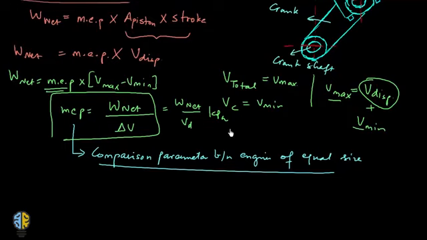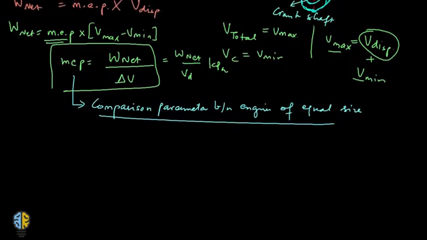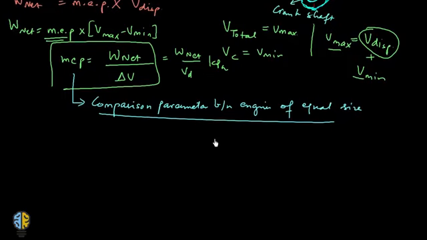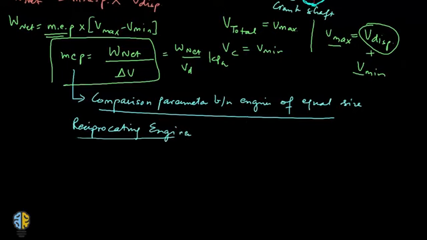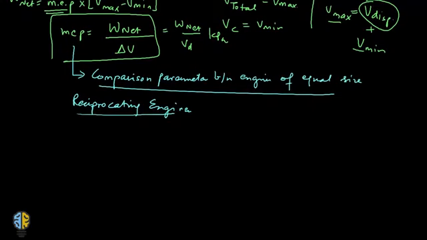Now, the reciprocating engines are classified as spark ignition engines. So if I write down the reciprocating engines over here, why am I specifically mentioning reciprocating? Because if I just say internal combustion engines, then internal combustion engines can also be gas turbines, because in gas turbines the combustion is also taking place within a combustion chamber.